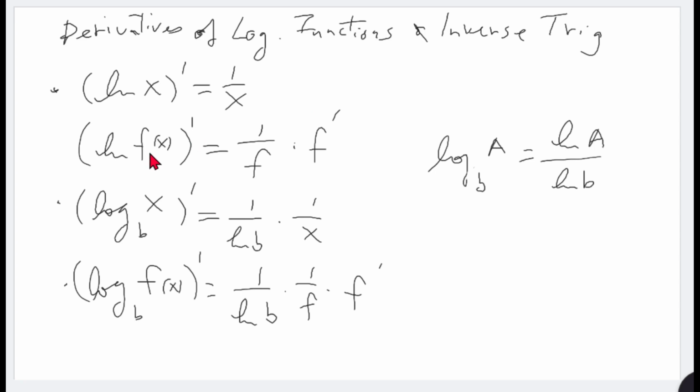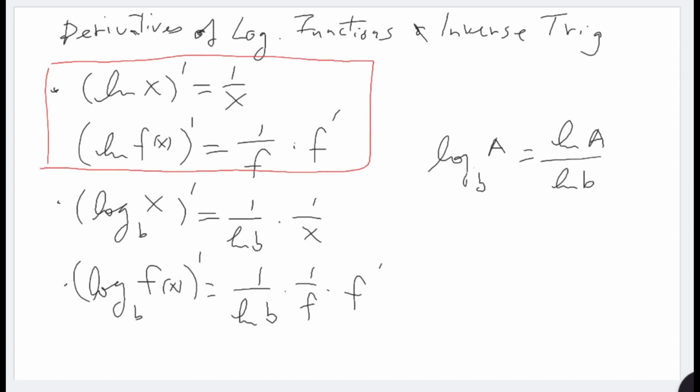And log is very common and important, so we just forget about the chain rule. We just call this result the logarithmic rule. All right, so these are the new formulas. This is basic, this is more general.